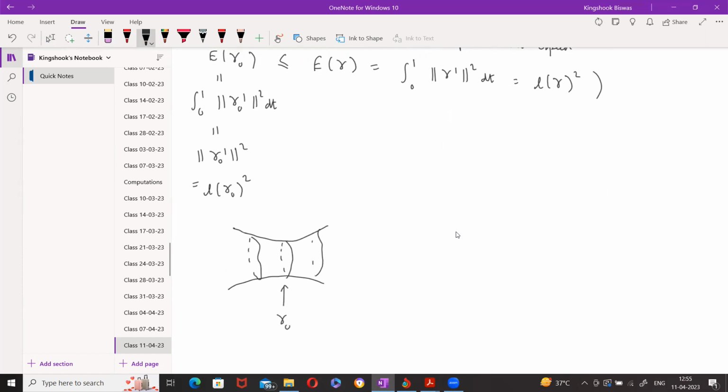Since the length is invariant under reparameterization, if I take a closed curve, I can always reparameterize it so that it has constant speed on the same interval. So I can always assume that my curve is constant speed, and then I get this.